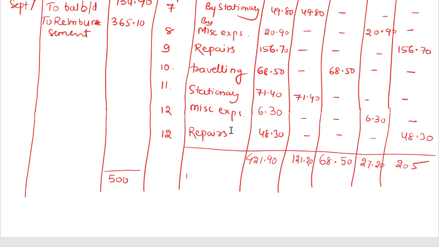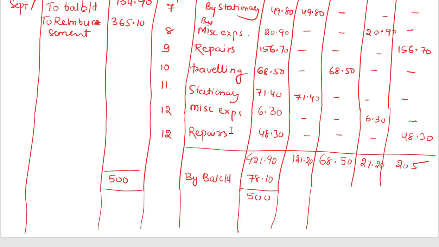Students, you should understand that we have a balance carried down over here. The total is 500. What is the balance? 500 minus 421.90. The balance for the month is 78.10, and this will be the opening figure of the next week.